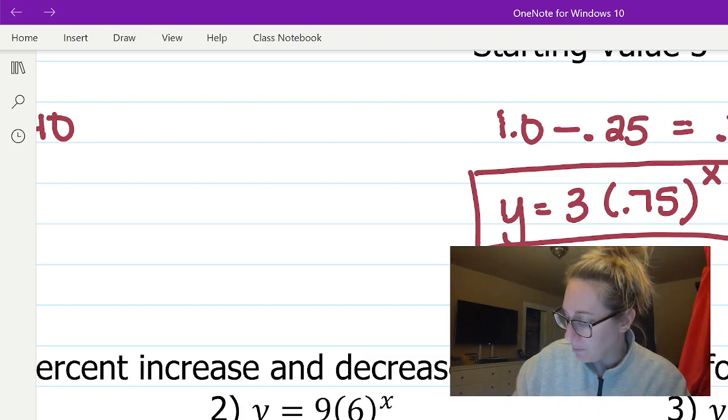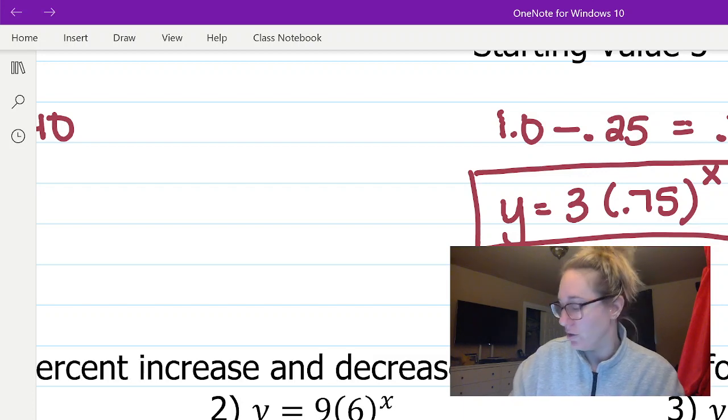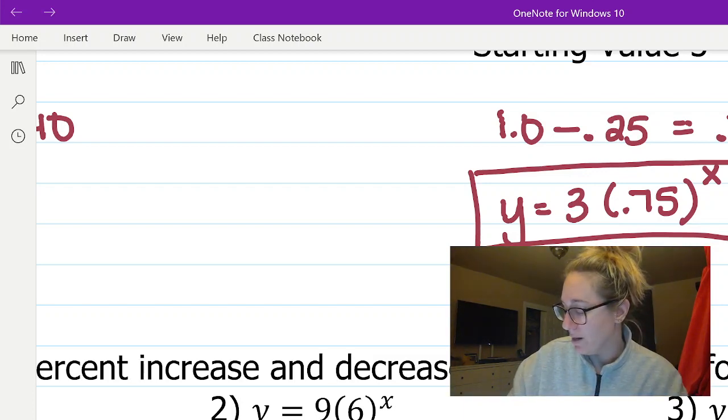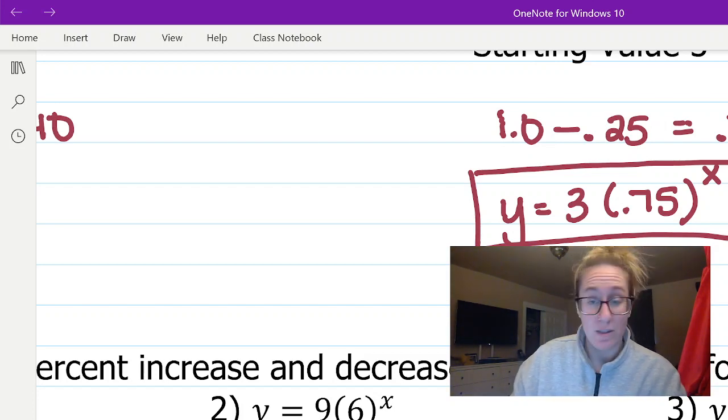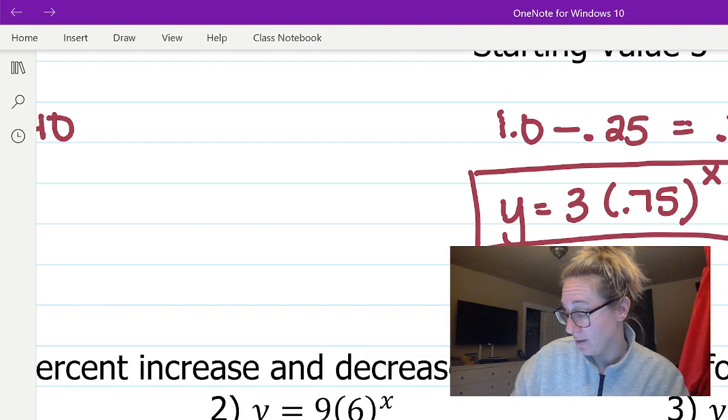Then I'm going to apply that exponent. 10 to the power of -2 is the same as 1 over 10 squared. And 1 over 10 squared would be 1 over 100, which as a decimal is 0.01.